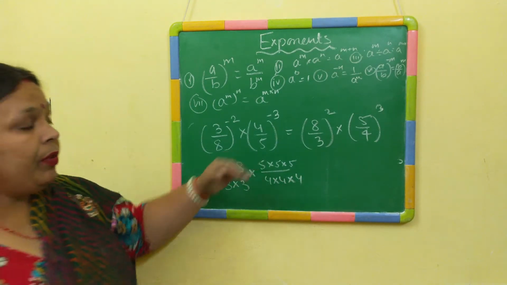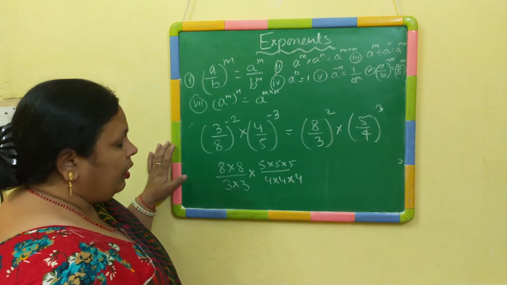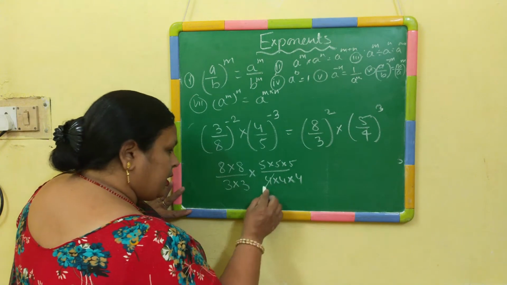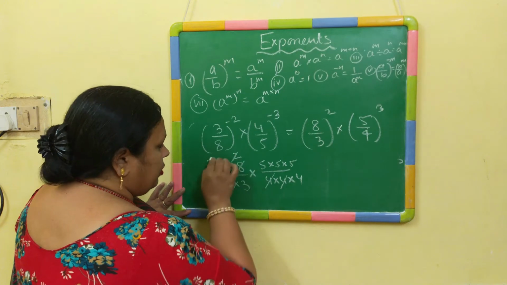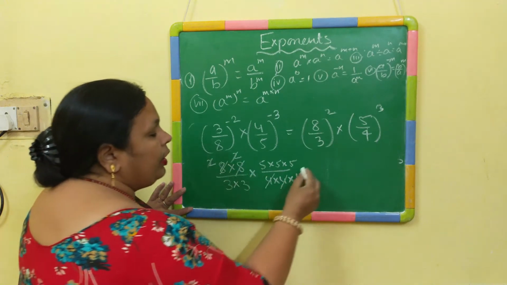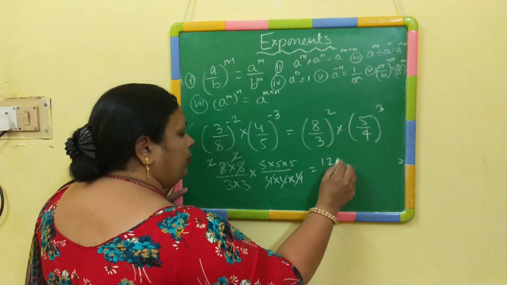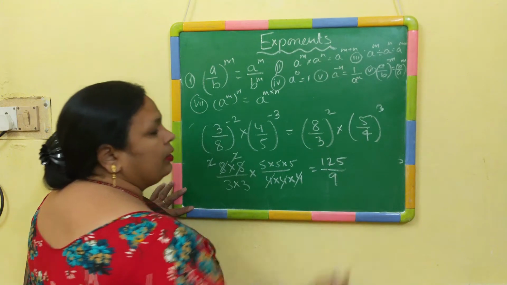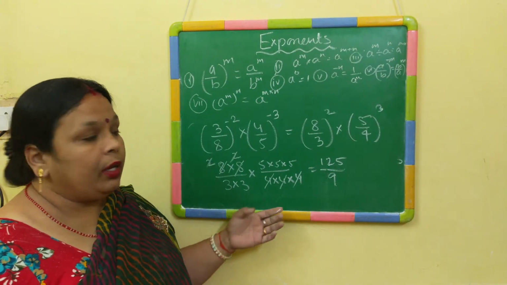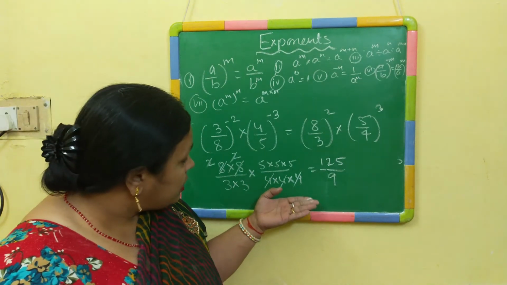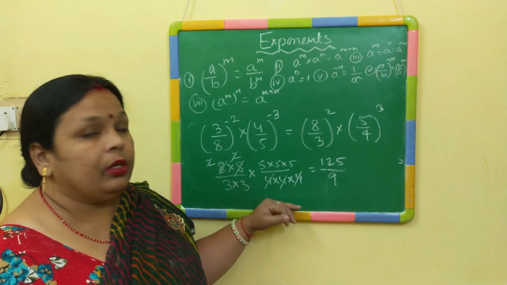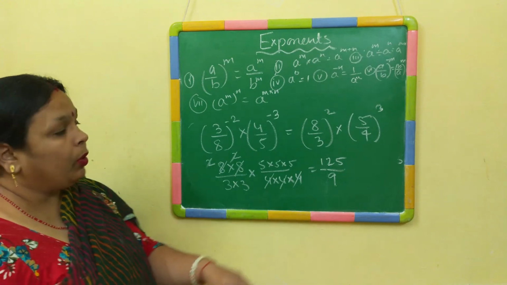Clear? When we have simplified in this form, we can easily cancel. We are left with 125 by 9, which is the simplest method to solve the problem.